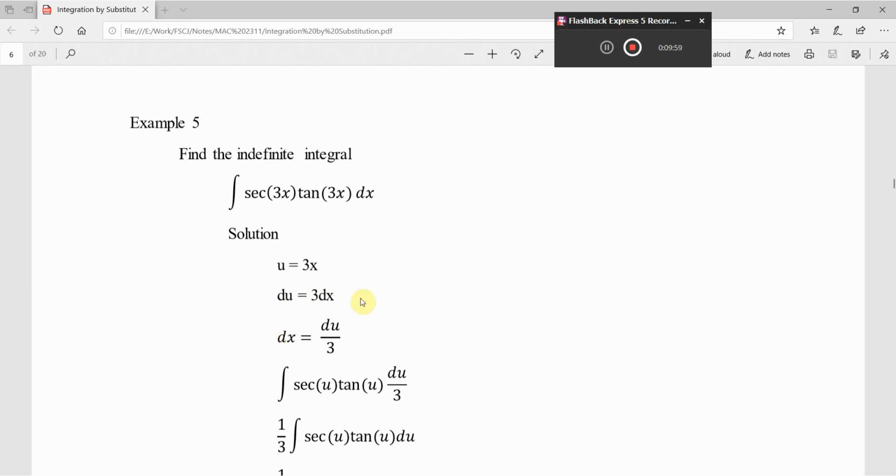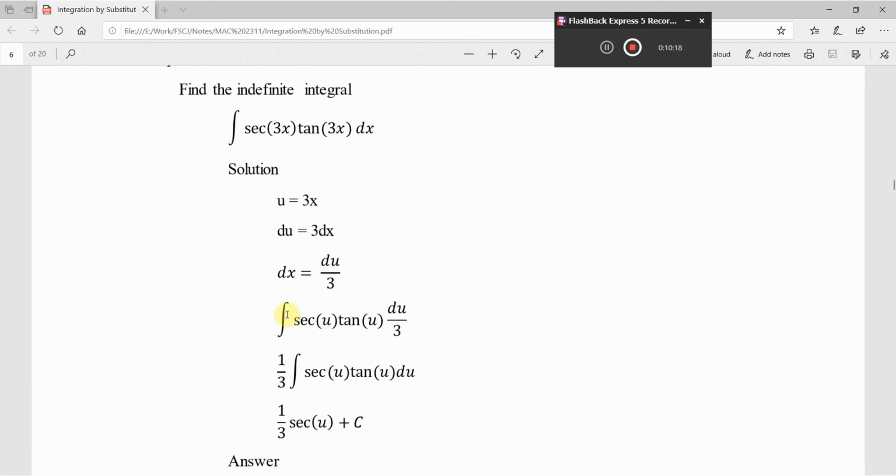When I calculate my dx, well, dx is equal to du over 3. And now I'm going to do my substitution step. So where the 3x was located, I replace those with u's. And where the dx is located, I replace that with the du over 3. So this gives me the integral of secant of u times tangent of u times du over 3.